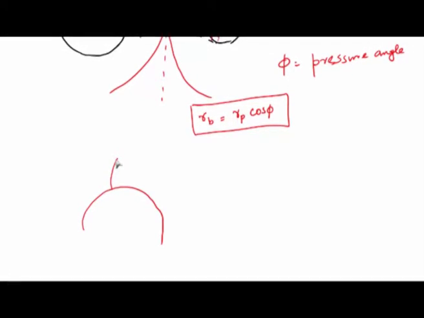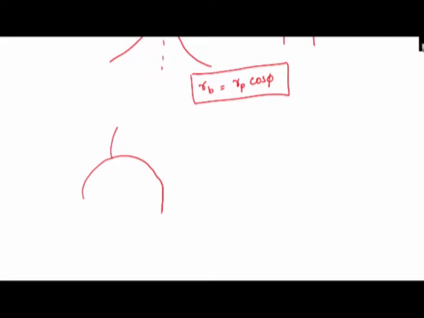There is no way that the involute tooth profile can extend below the base circle, because by definition involute is the type of curve which is generated by unwinding a string from a base circle. So there is no way you can unwind a string and get a curve on the interior side of the base circle. That is not possible. Therefore the involute tooth profile has to exist only outside the base circle.